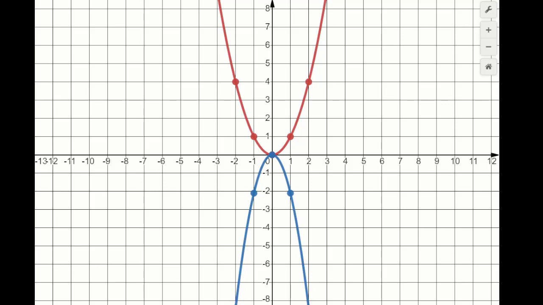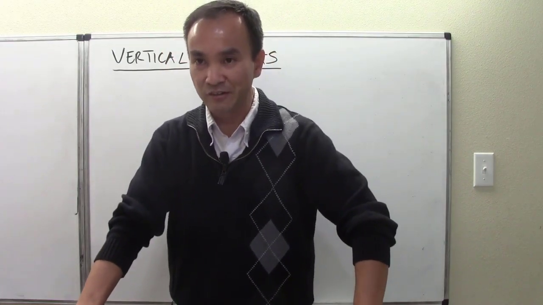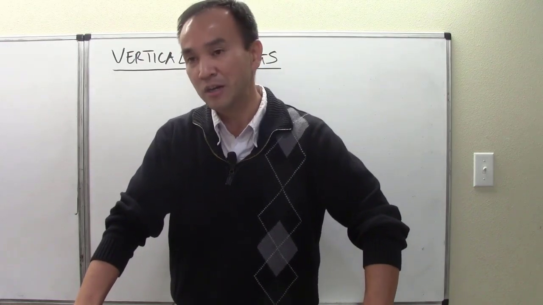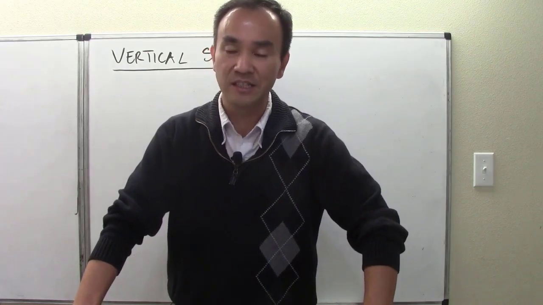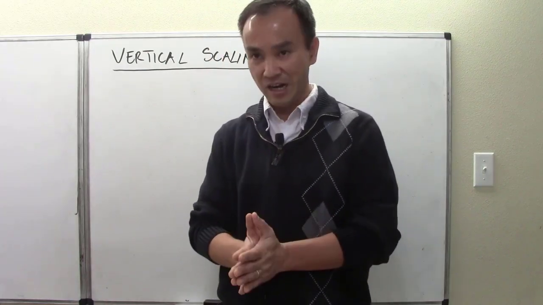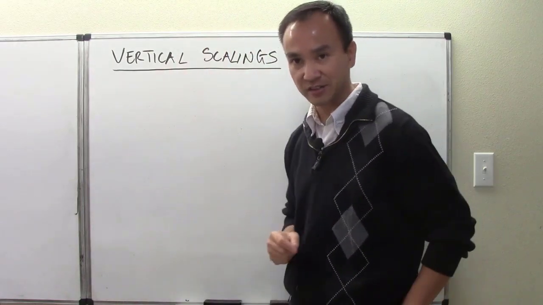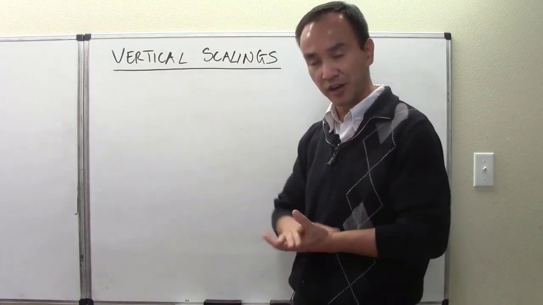So in the end, any of these events that happen to a graph, I refer to that as a vertical scaling. Informally in math, we call these one kind of transformation, and that kind of transformation I regard as the vertical scaling. So these are different ways we vertically scale a graph.